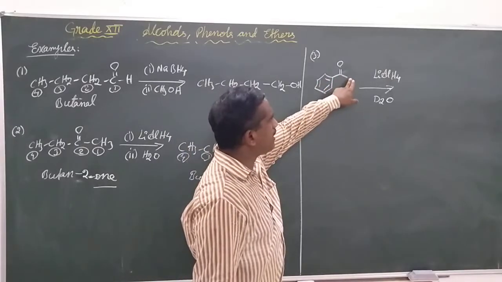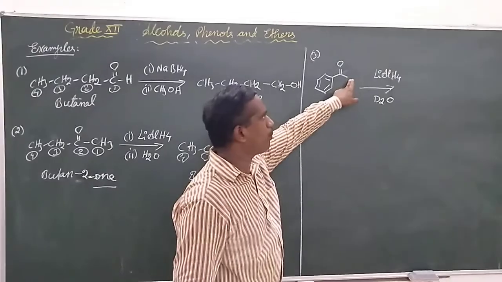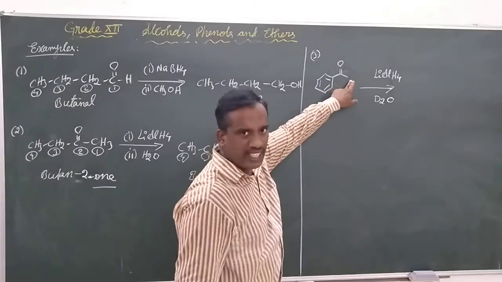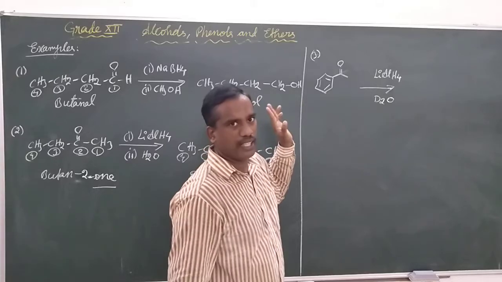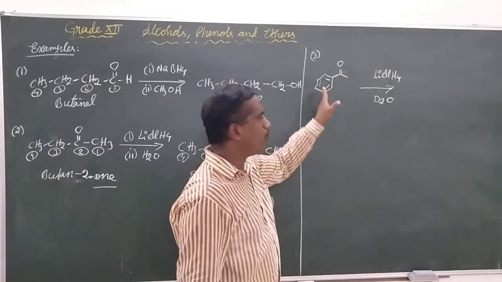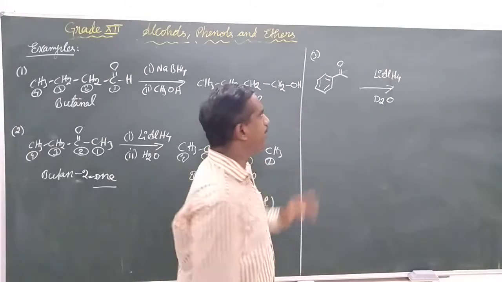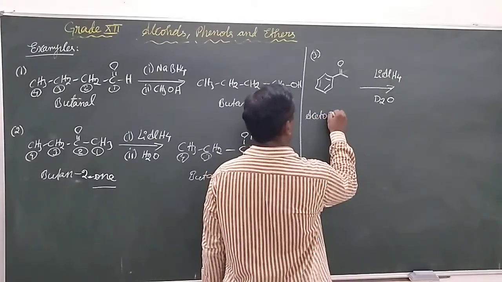Here, whenever we see that hydrogen is not there, this will be the methyl group only. CH3, C double bonded O with a benzene ring. It is what we call acetophenone.